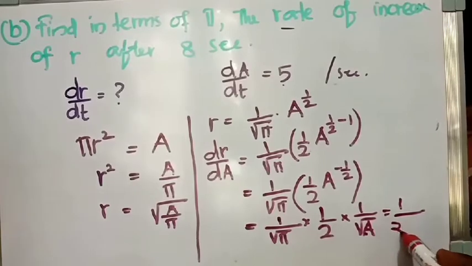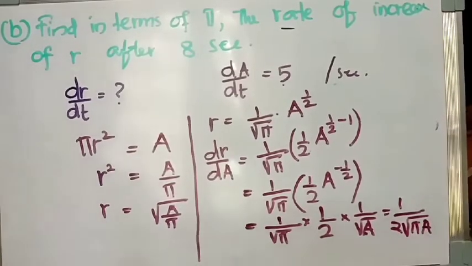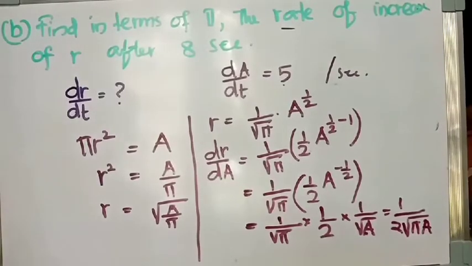We get 1 by 2 root pi A. This is dr by dA.